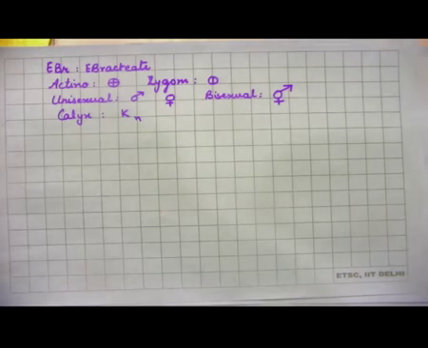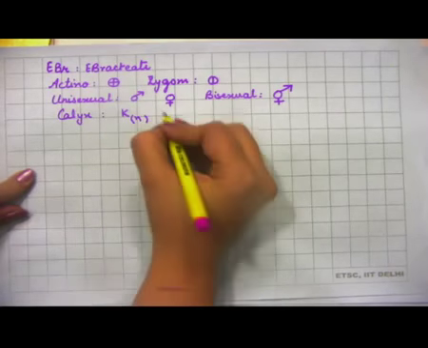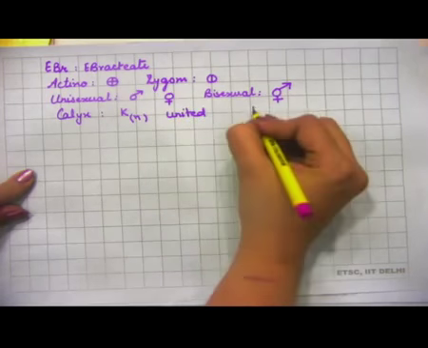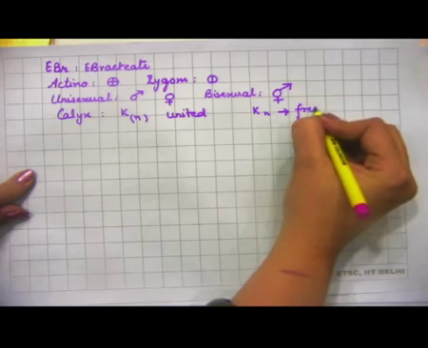Now, we also have to tell whether these sepals are united, that is fused, or free, and we can do so easily. If they are united, we put a bracket here. The bracket shows united condition, and if the bracket is not there, it shows that the sepals are free.